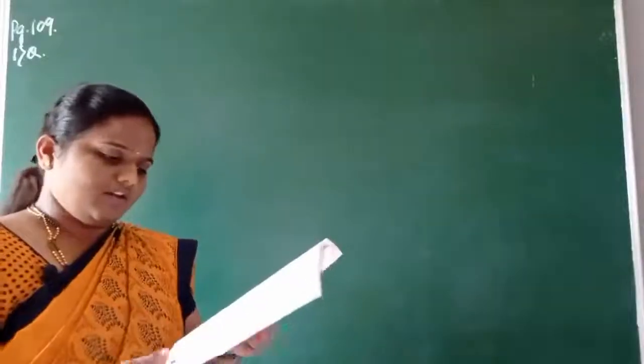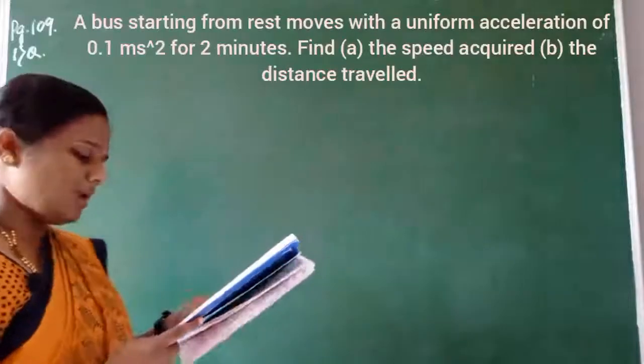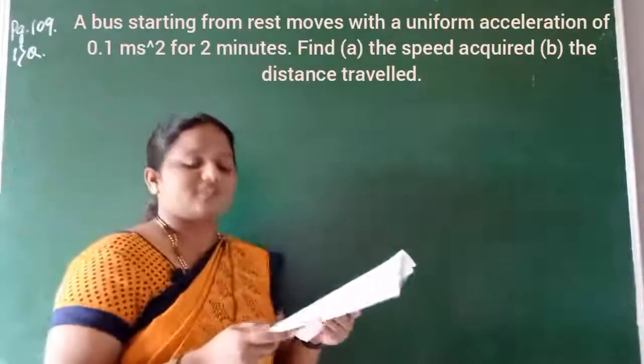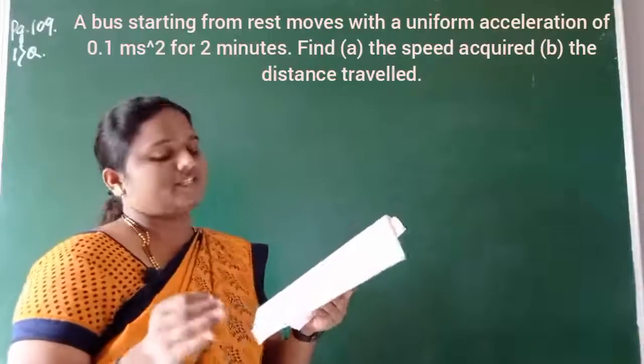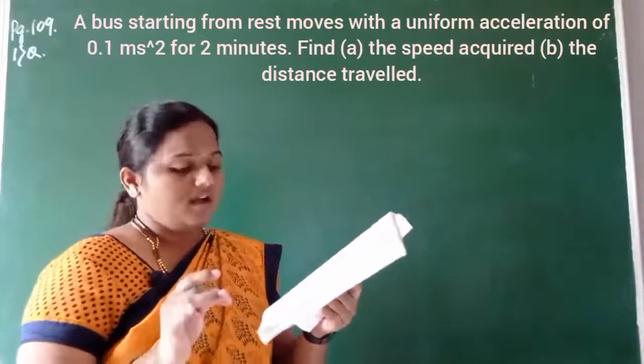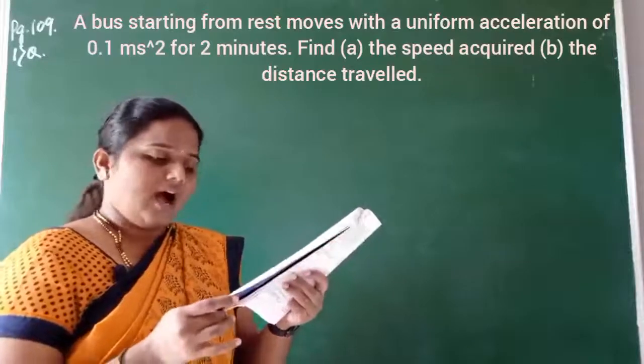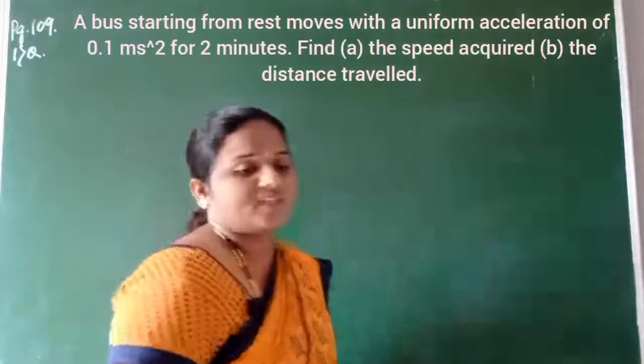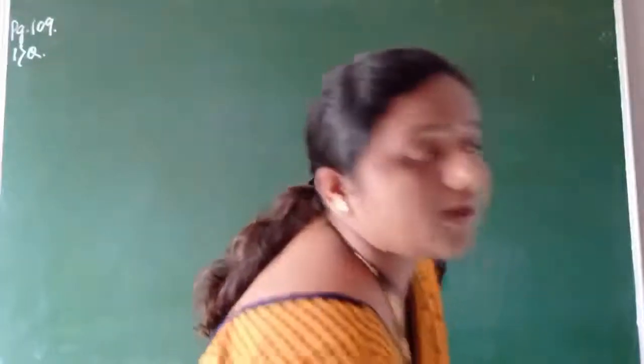Okay. Now we will solve one more problem, that is, a bus starting from rest moves with a uniform acceleration of 0.1 meter per second square for 2 minutes. We need to calculate the speed acquired and the distance travelled here. This is the question from page number 109, that is the first question.